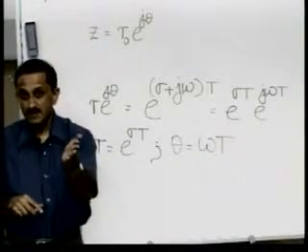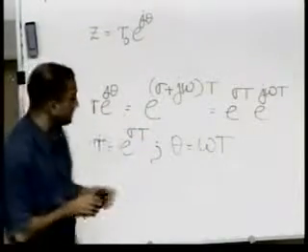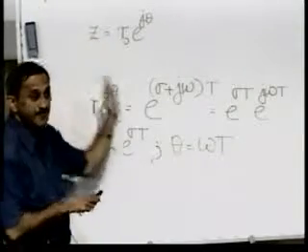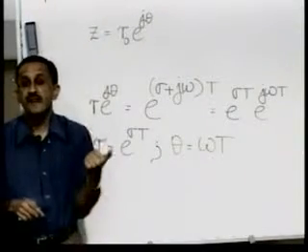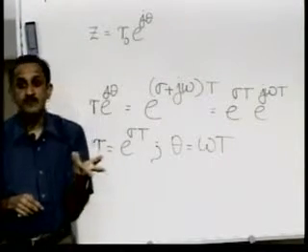So the mapping from omega to z, the other way, you see, for a given z, there are many omegas which can give you the same value of z. So in that sense, the mapping is not one-to-one.